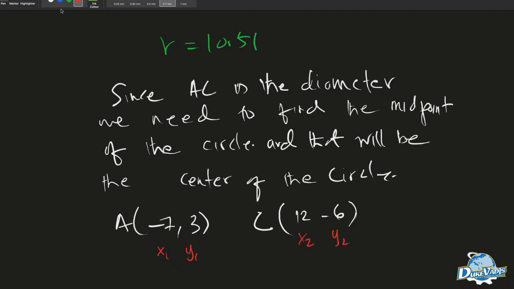How do you find the midpoint? The first value of x plus the second value of x divided by 2, and the first value of y plus the second value of y divided by 2.